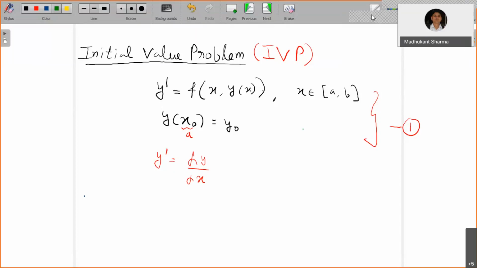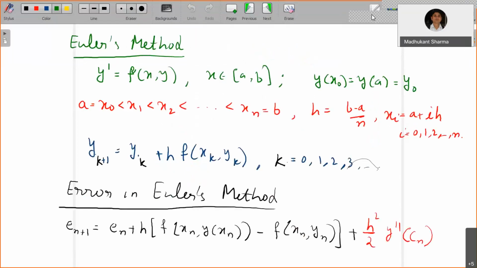Just a quick summary: you have been given y' = f(x, y), with x lying in the interval a to b, and with the initial condition y at x0, that is a, equal to y0. We divided the interval [a, b] into a partition a = x0 < x1 < and so on till xn, with equidistant points.